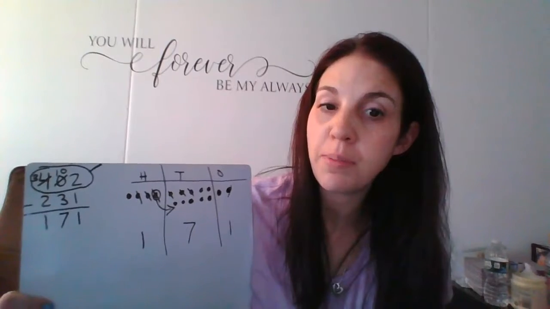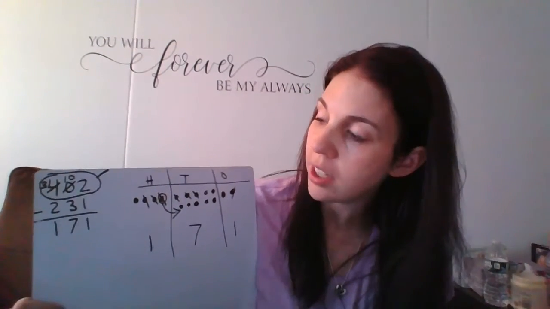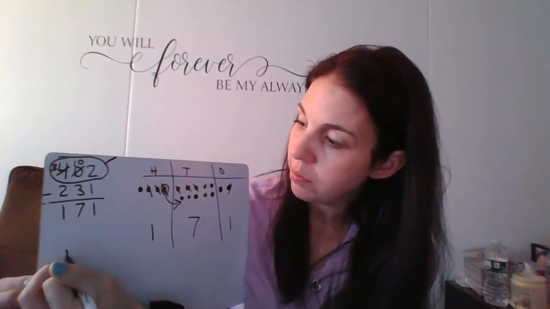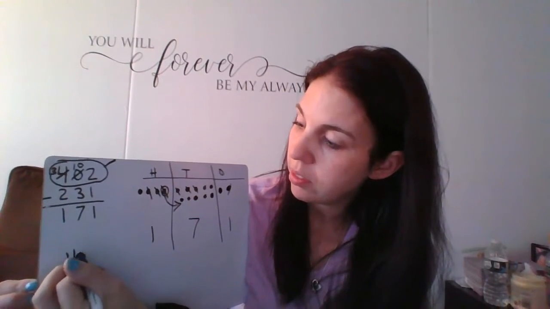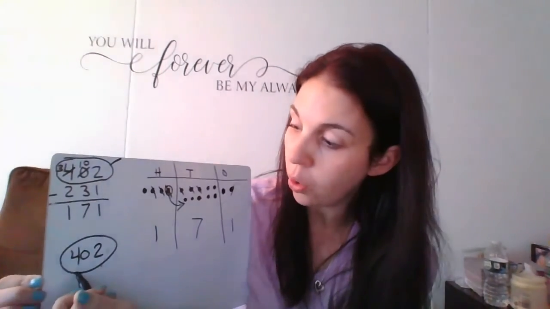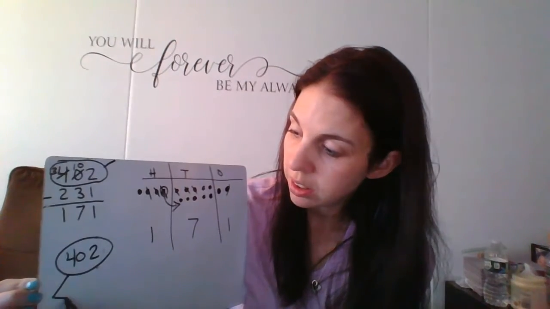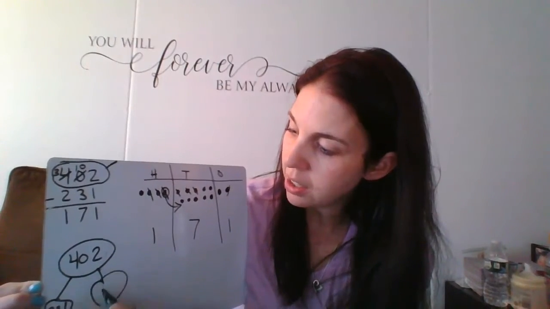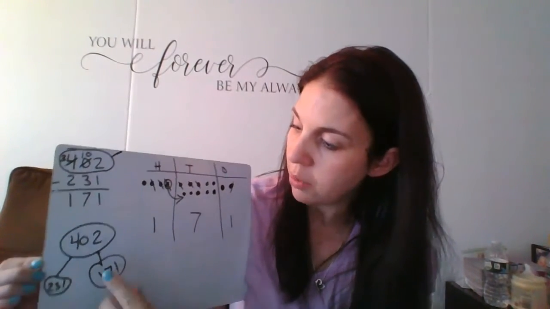171. Now we've been talking about how we can check our work, and the way we can check our work is by making a number bond. 402 is our whole, and one part is 231, and the other part is 171.